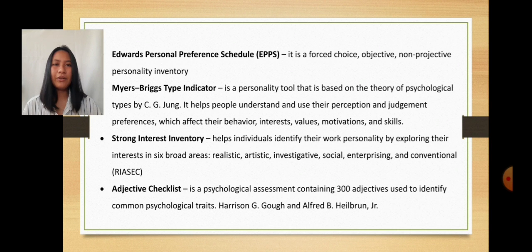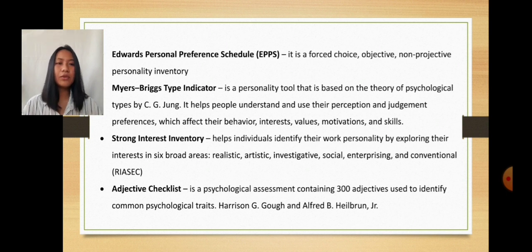We also have here the Edwards Personal Preference Schedule. It is a forced choice, objective, non-projective personality inventory. The Myers-Briggs Type Indicator is a personality tool that is based on a theory of psychological type by C.G. Jung.